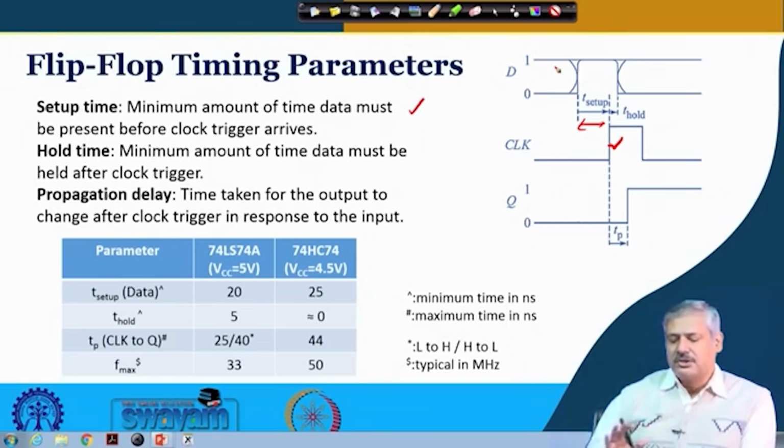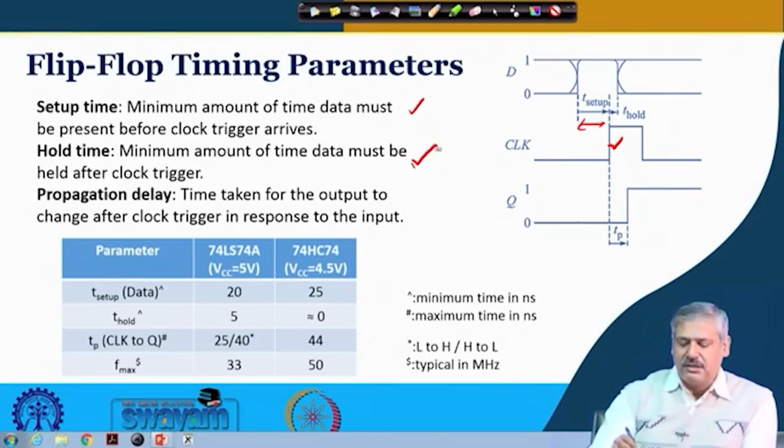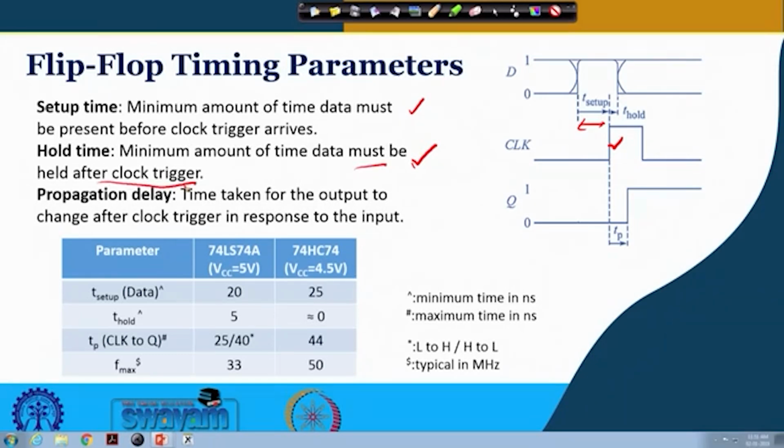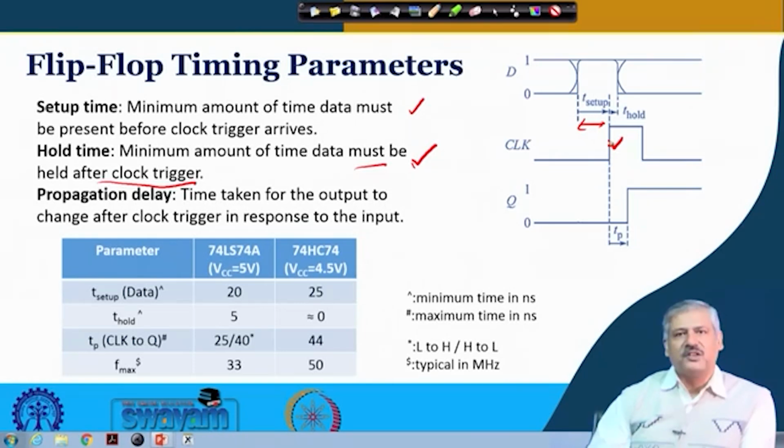So, this is one aspect, and the other thing which comes in association with it is called the hold time. This is the minimum amount of time data must be held after the clock trigger. The clock trigger has happened, and you are not supposed to immediately withdraw the data.